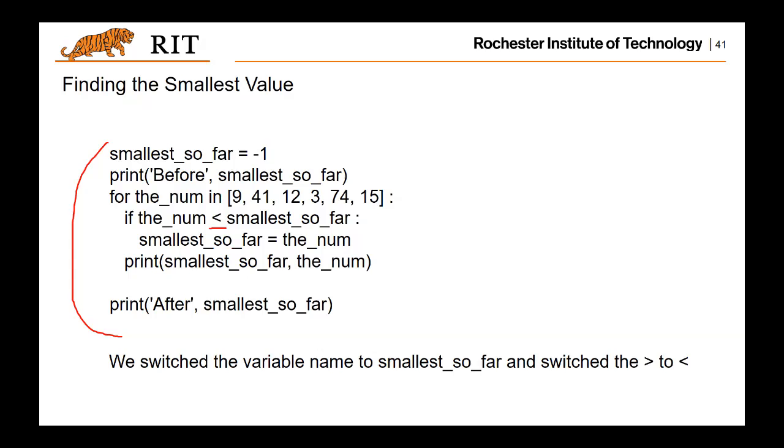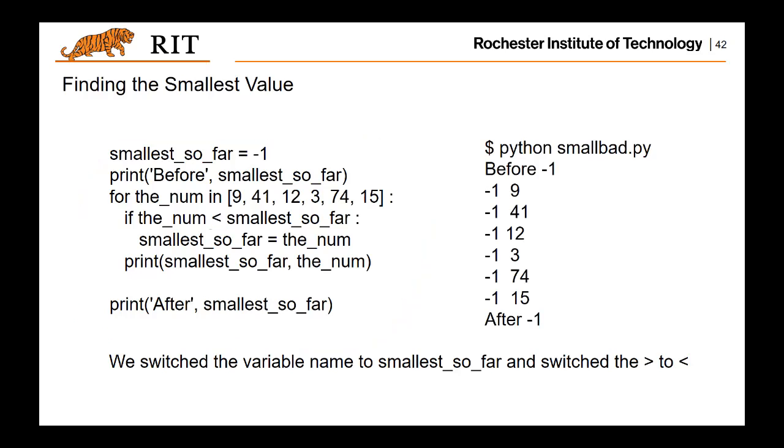Exactly, it uses -1 as the smallest. That's what we were talking about before. If you have the number to be -1, that means it doesn't work, because that's not what this line of code is supposed to do. That means there's something wrong. The reason is that -1 is not greater than any number inside this list, because these are all numbers greater than 0, and -1 is smaller than 0.